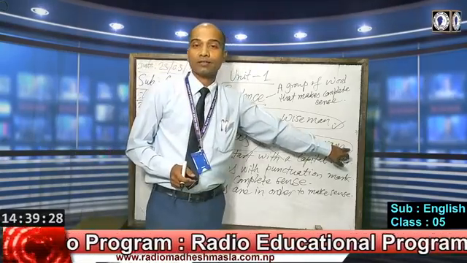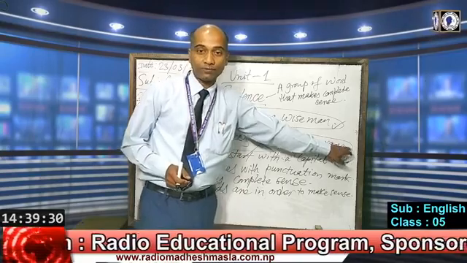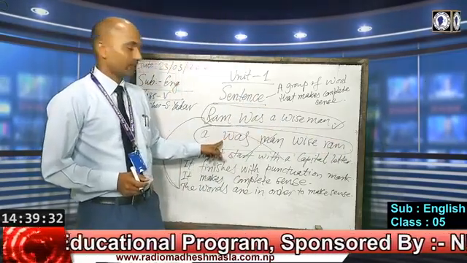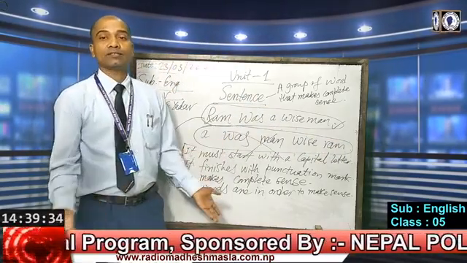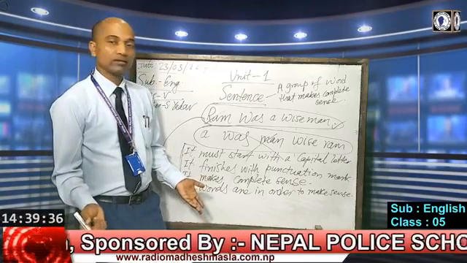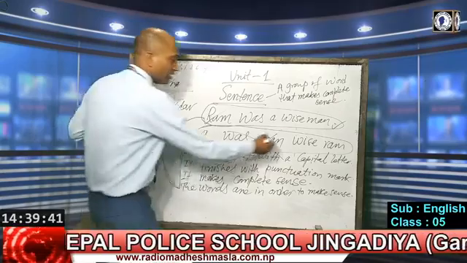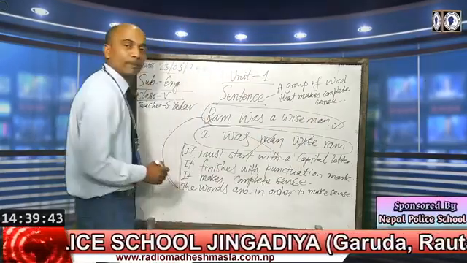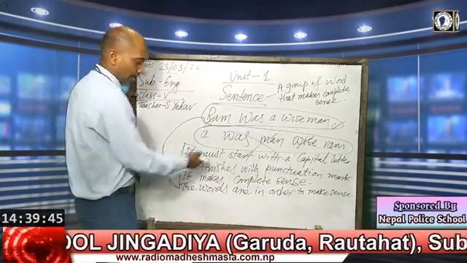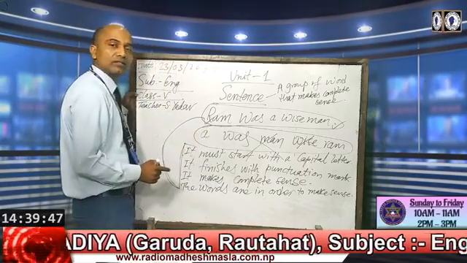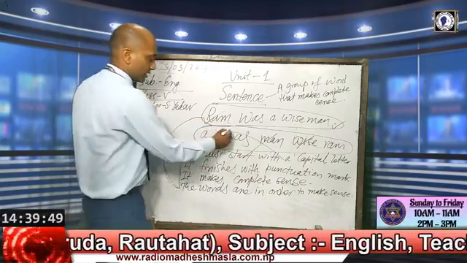Neither has it ended with a full stop, nor does it make complete sense. So this group of words does not have any meaning or the following qualities. So it is not a sentence.